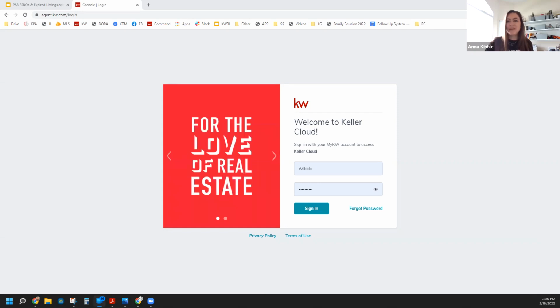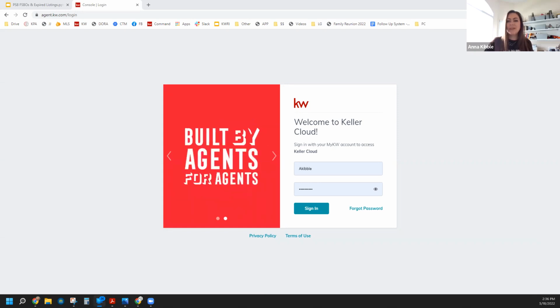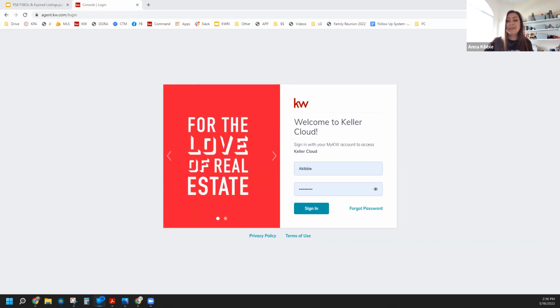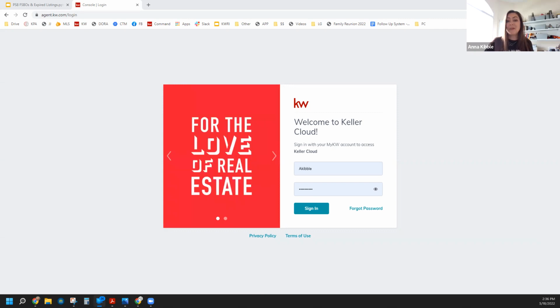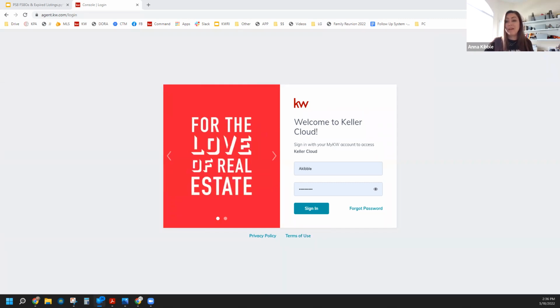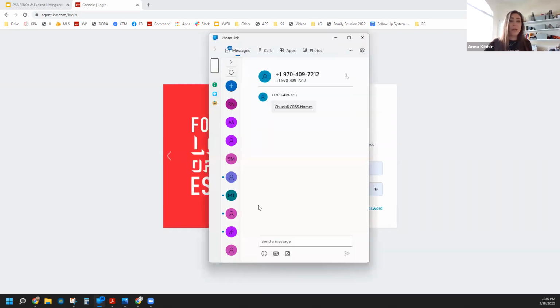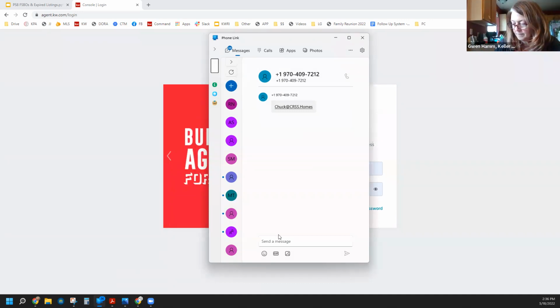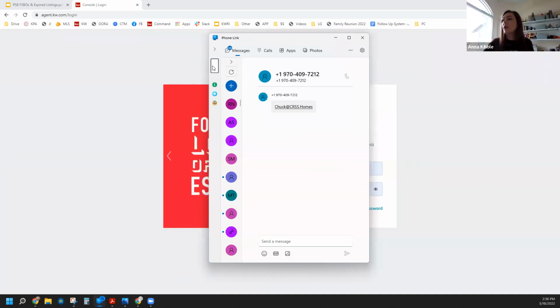Sheetan and I discovered the other day that I can actually see my phone on my computer, which is really slick. That is a Microsoft thing with Google, and it's called Phone Link. So let me put it over here. Can you guys see the Phone Link on top of my Command screen? Yes. Okay, cool.